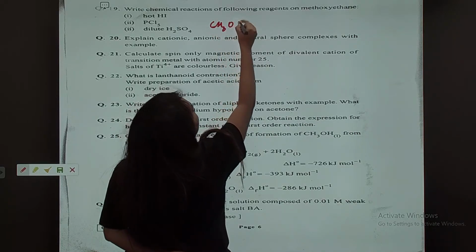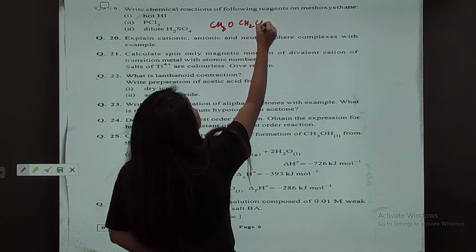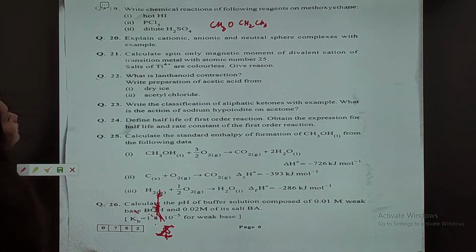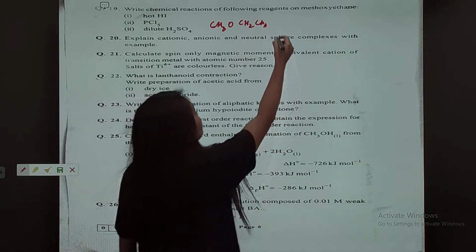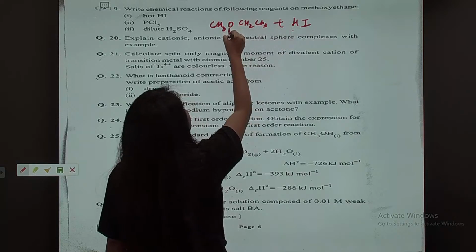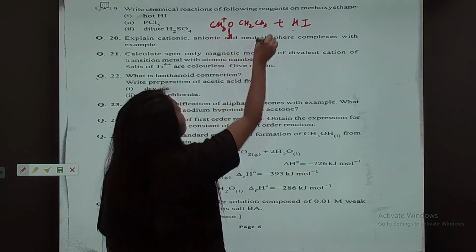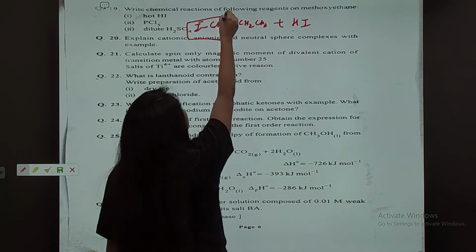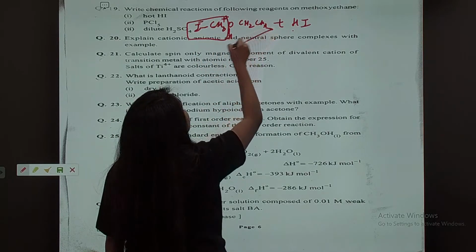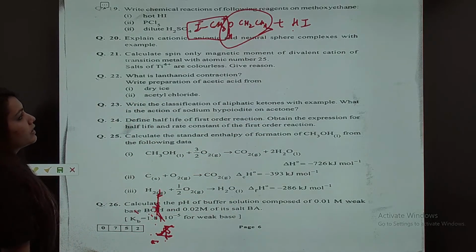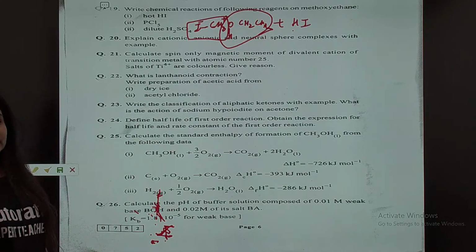The reaction, if you remember, is very, very simple. Just this H will come over here, giving this a positive charge, and I minus will come and attack this, resulting in the formation of CH3I, and the remaining will be ethanol, which is CH3CH2OH. That is the first one.